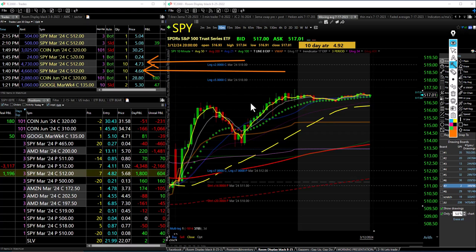Now you can do it on a 5. As soon as the 5-minute candle closes up over the body of this red candle here, or price takes out the wick, there's another entry method. So I purchased 20 calls, 10-minute uptrend right through here.